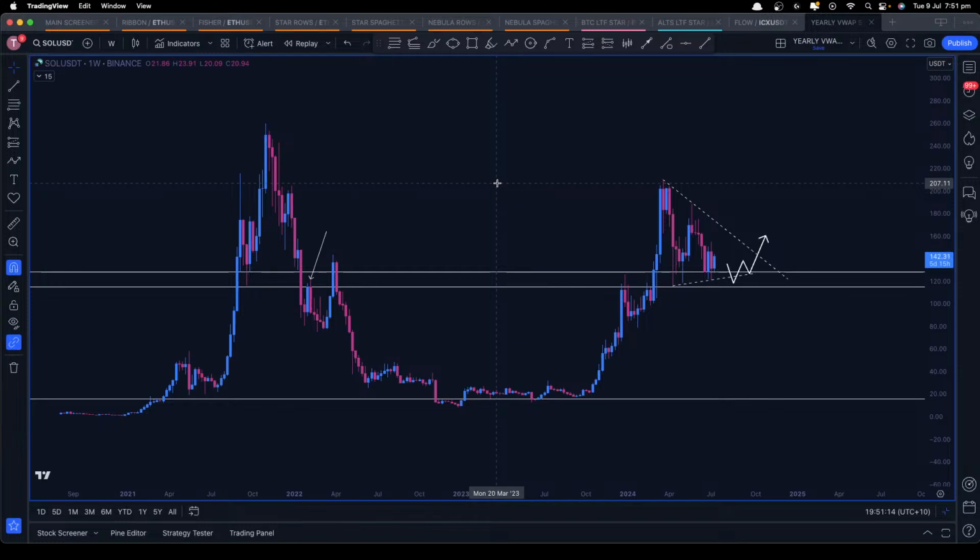So using a weekly chart to start throwing on fractals and stuff like that, although they do often work, eventually they're going to fail. And we can't really have too much confidence on a data set like this on the weekly. There's only been one occurrence of a bull market on Solana.